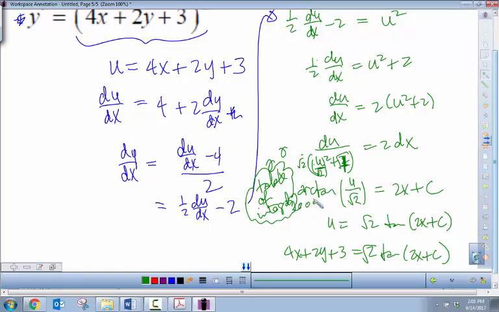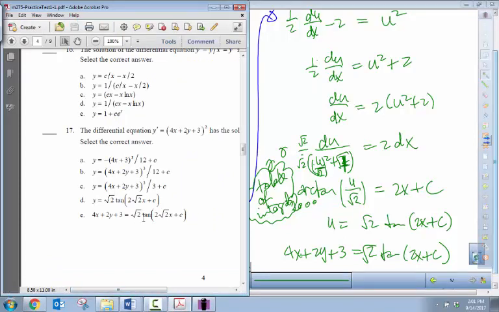So with some table of integral magic, there's an extra root 2 that popped out somewhere. Yeah, something happened. So you just figure that out, and you're good to go. And your answer is going to be this last one.